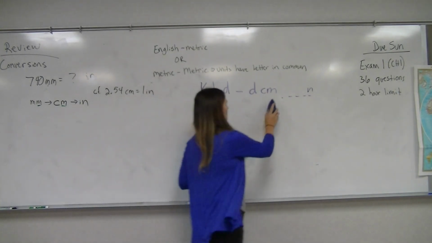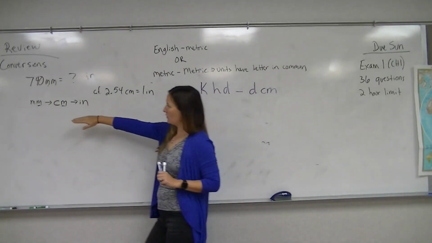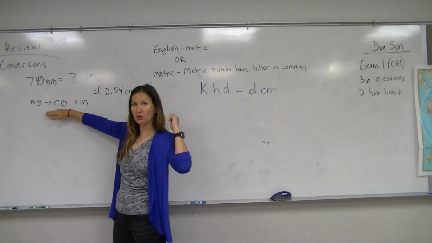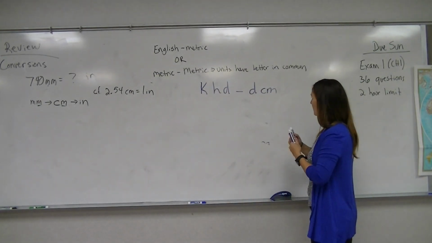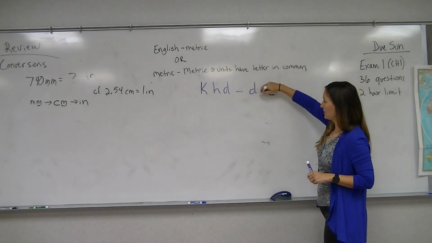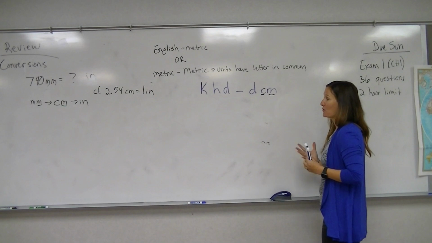So let's look at how we're going to use this. Checking our units, millimeters to centimeters, let's make sure it falls in the range to use that method. I have millimeters, that's this one down here, and I have centimeters. So yes, it'll work. How do I use it?